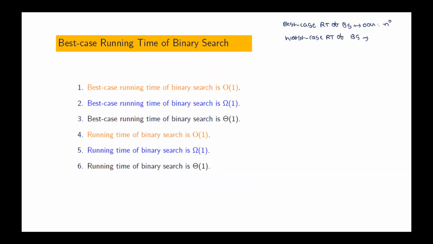Log n. We know these two. What can we say about the average case? It is not more than log n, and it is at least n power 0. It is in this range. Is that correct? Okay, this is also actually log n.